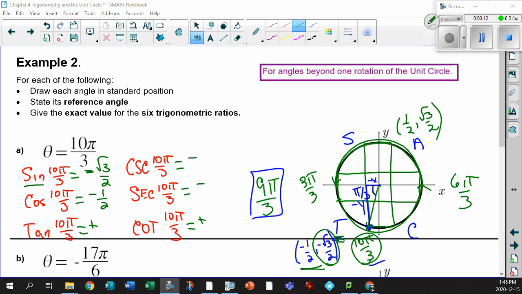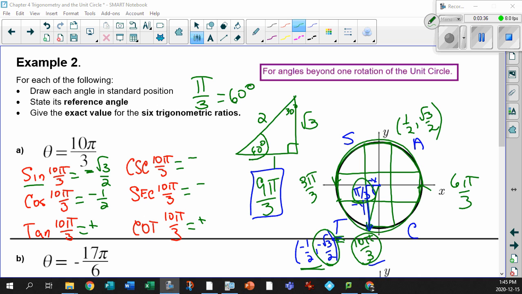Now since we know that this is pi over 3, since we've done this 100 times, we know 60 degrees. So honestly, watch how easy this is if I drew this as 60 degrees, there's 30 degrees, there's my right angle triangle, 1, 2, root 3. So easy if you do it this way.